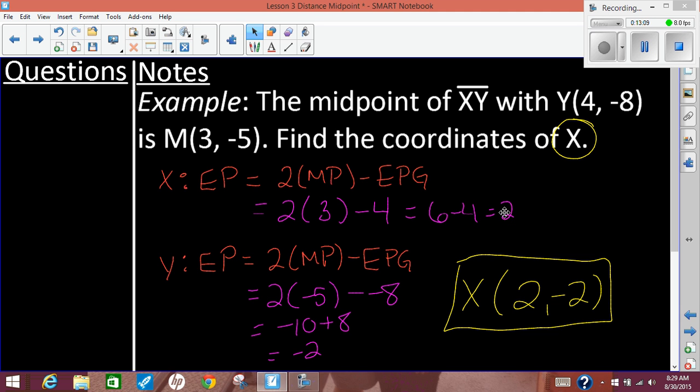Plug that in there. Get that the x value of point X is 2. Plug in the midpoint value for y, which was -5. The endpoint that you were given, the y value is -8. A minus and a minus makes a plus. You get -10 plus 8 is -2. So the coordinates of our endpoint X are 2, -2.